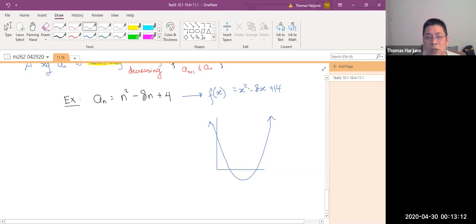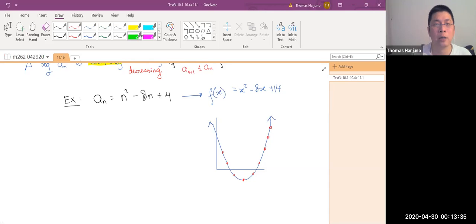You notice that it reached the minimum when x equals to 4. Right? Now, this is an example of an eventually increasing function. Why? Because you can find an n, let's say n equals to 5 or 7 or 9, up to you.